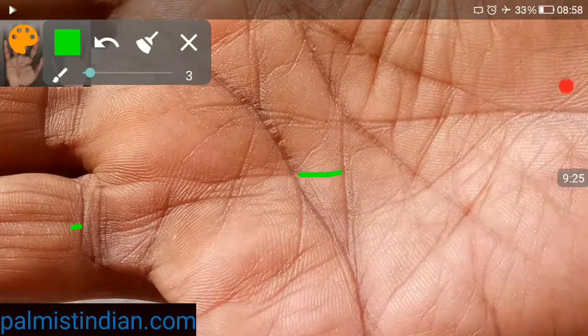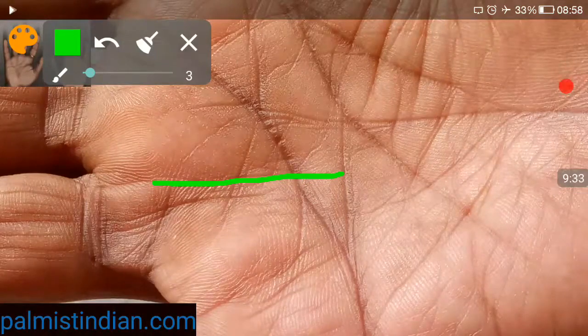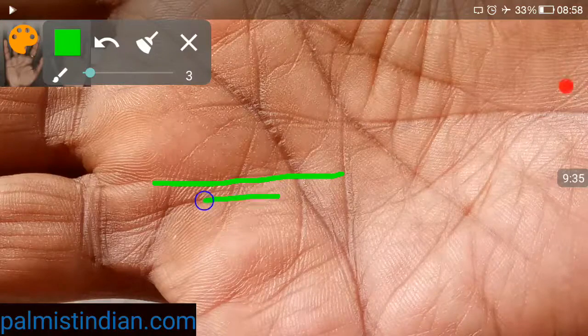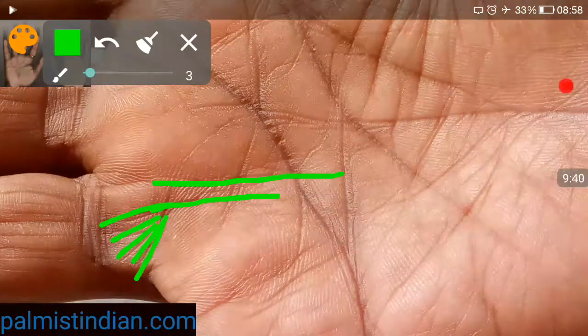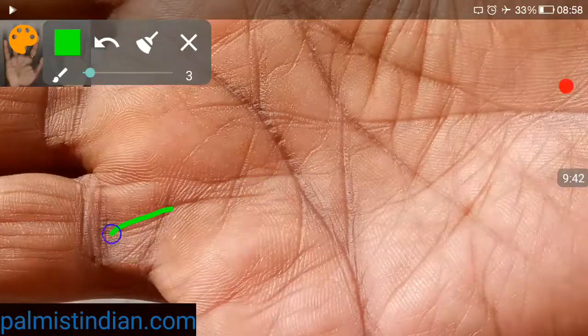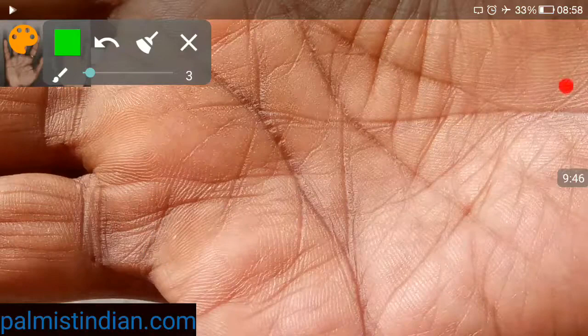So that's when the line starts, and it becomes stronger and stronger as it goes by. This is one line, and there's another Sun line. So there are two Sun lines, and the other Sun line kind of splits like this, and there's a V-like formation out here. So again, this is considered to be a good sign to have.